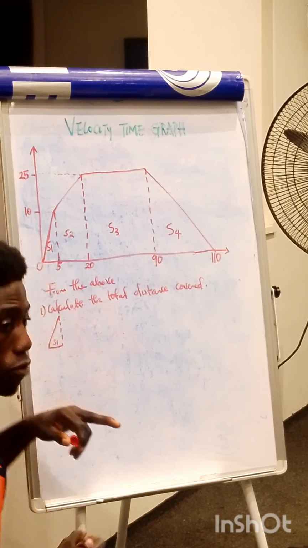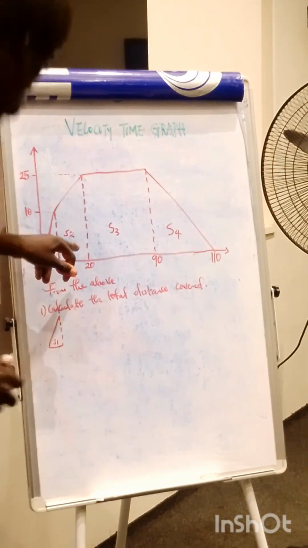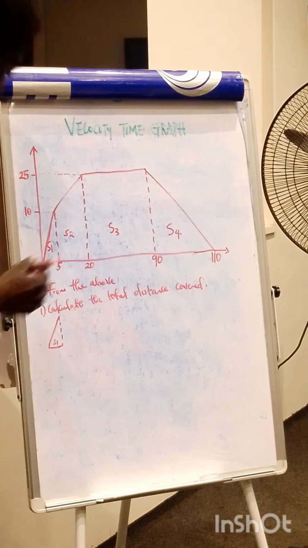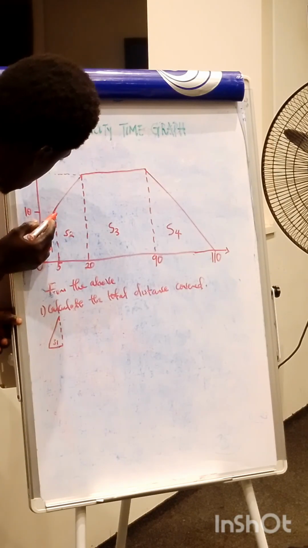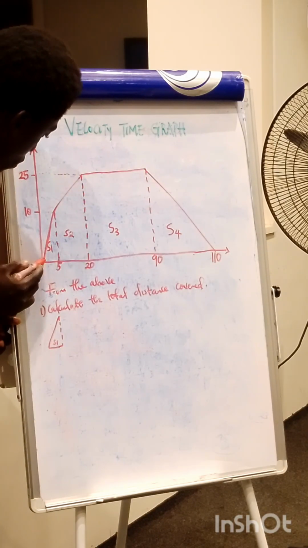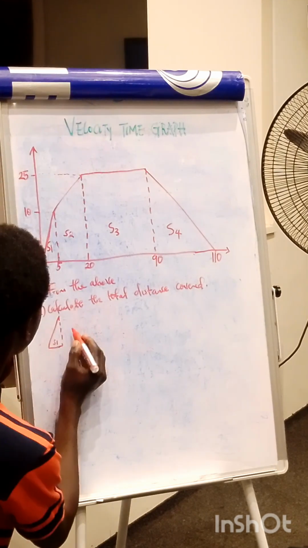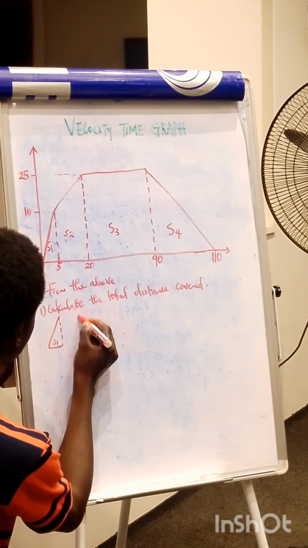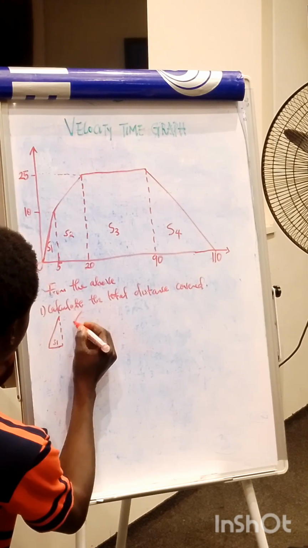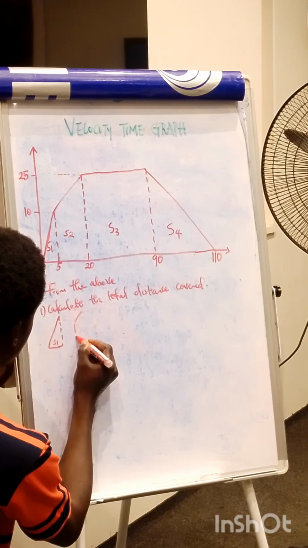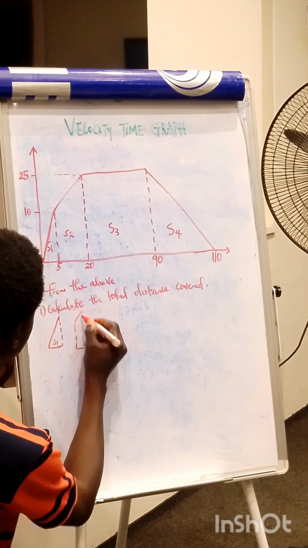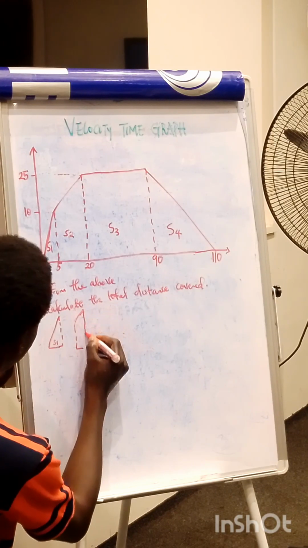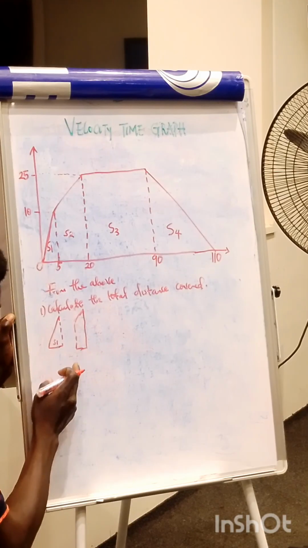Then you have your section 2, which is a cutout that looks like a trapezium. Trace this down, as it is in the graph. So you have it like this.